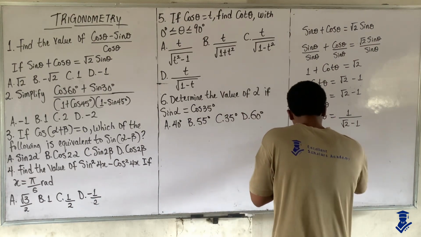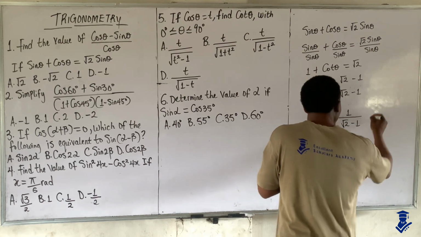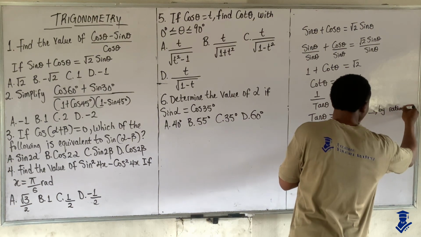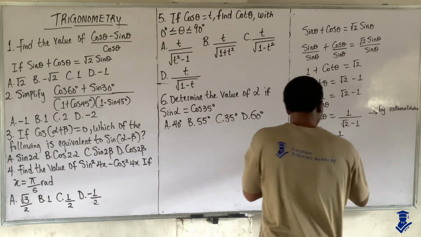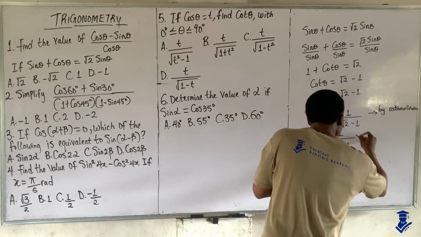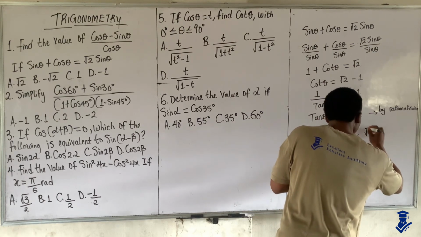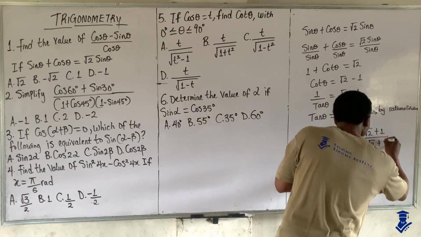So tan theta is equal to 1 over root 2 minus 1, multiplied by root 2 plus 1 over root 2 plus 1.